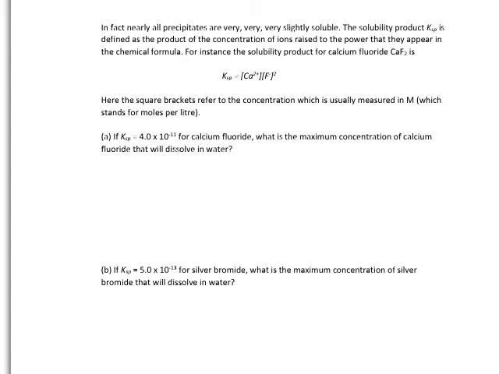So if, for instance, in this one, we let X equal the concentration of the whole thing, and when it dissolves in water, the concentration of the Ca2+ must also be equal to X, because there's one of those in there.